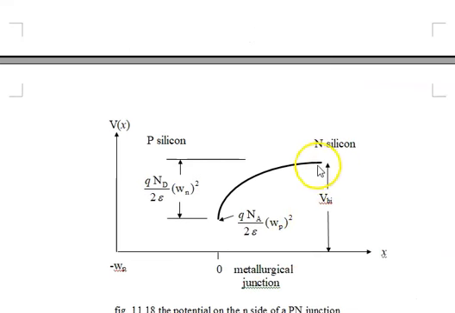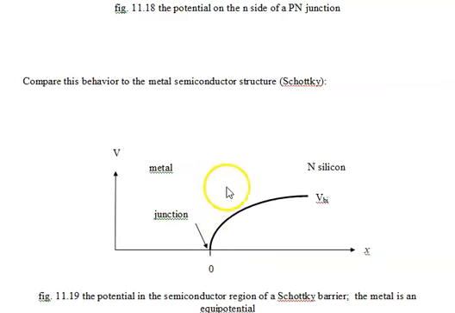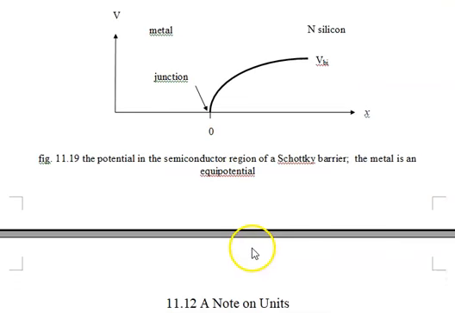So on the Schottky, it's a single-sided barrier, but on the Schottky, instead of ending up here someplace, it ends at x equals 0. It ends at or begins, if you will, at voltage equal to 0.